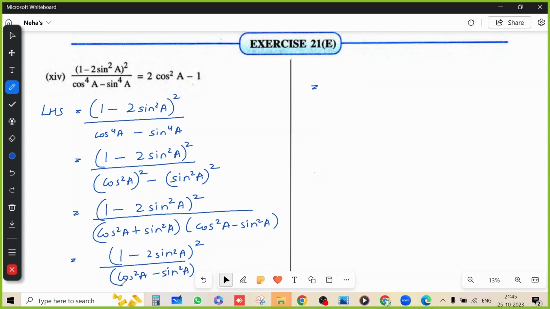Now cos square A can be written as 1 minus sine square A by using the trigonometric identity that cos square theta plus sine square theta is equal to 1. Therefore cos square theta is equal to 1 minus sine square theta, and the numerator will be written as it is.